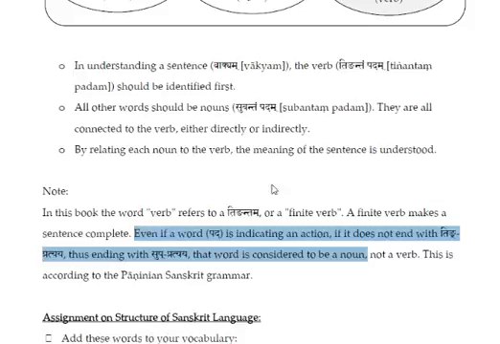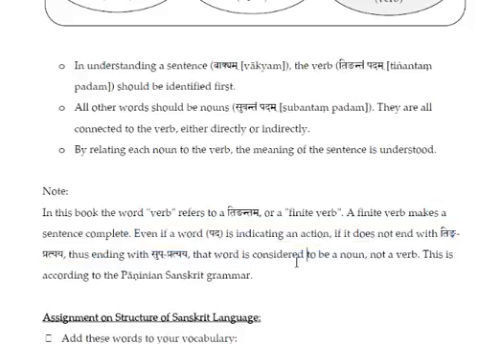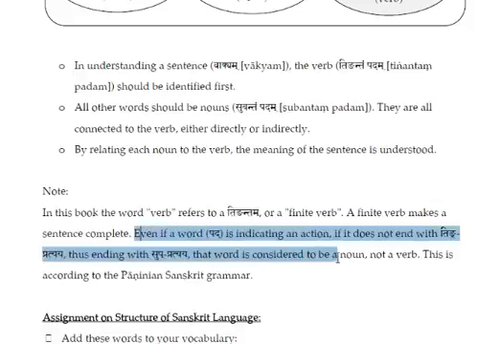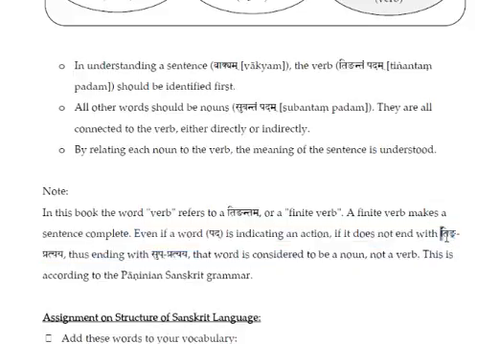We will see more in the Kridanta section, but this is very important. In Sanskrit, the difference is very clear. That which ends with tin is a verb, and that which ends with sup is a noun.